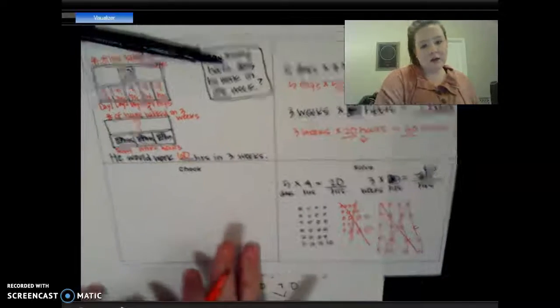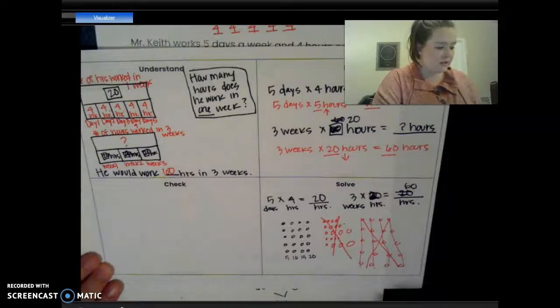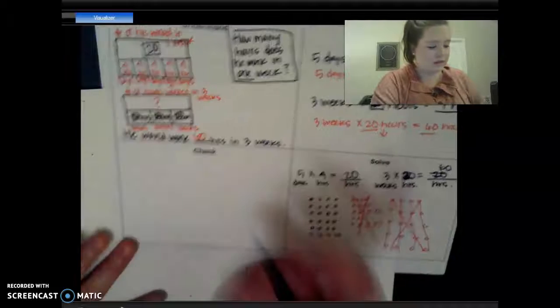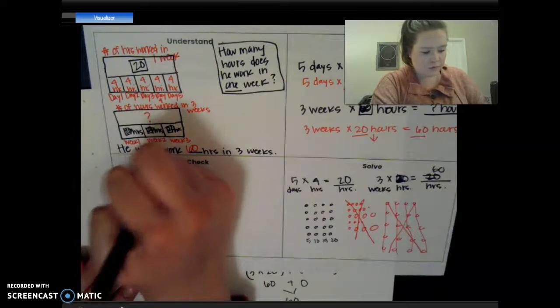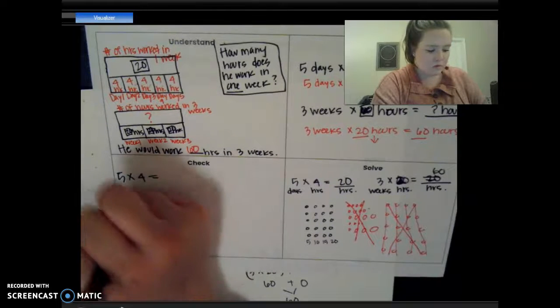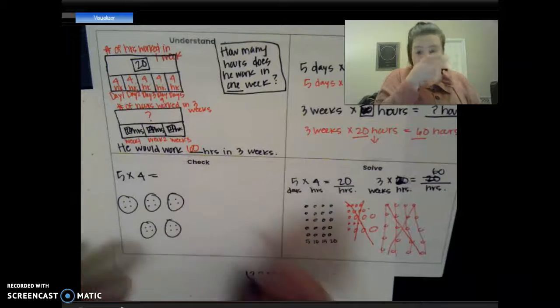Now I need to check, okay? So it's really important that we check. For my first one, I did an array. For this one, I'm going to do equal groups. So I'm going to do 5 groups, and I put 4 in each group.